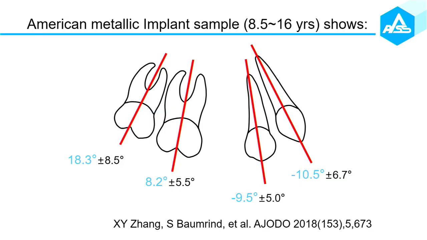Now we know the teeth change their angulations during growth and development. Then what angle should we use to describe the straight wire appliance? They are not fixed. So what stage's data should we use to describe our straight wire appliance?